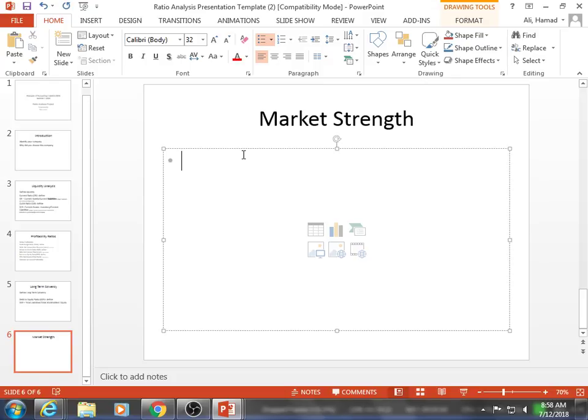And the ratio that we're going to use for that is the PE ratio, price earnings ratio. You're going to define it first.